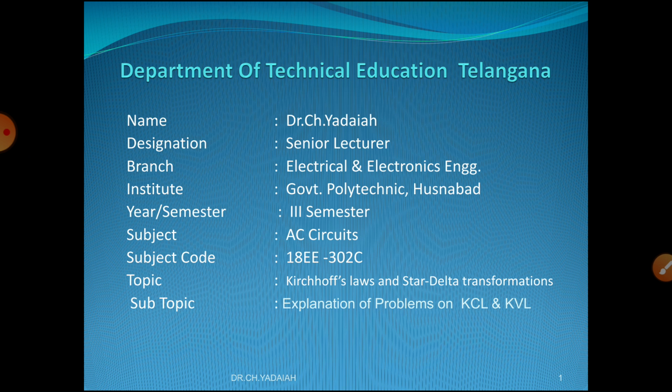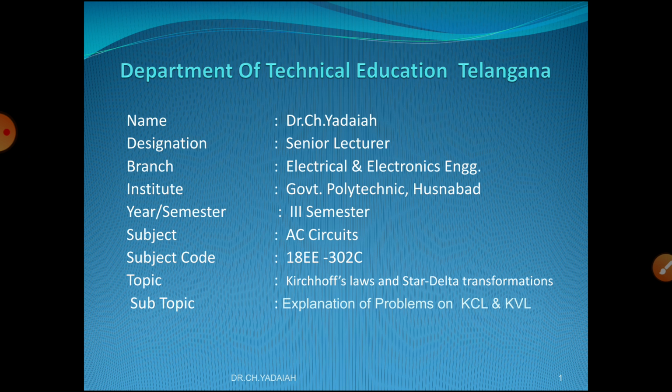In previous classes we learned basic things in networks: what is a node, what is a branch, what is a loop, what are active elements, what are passive elements, what is an active circuit, what is a passive circuit. We have completed a few problems based on Ohm's law.